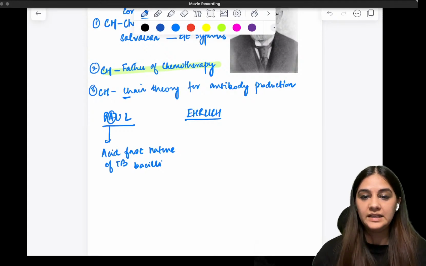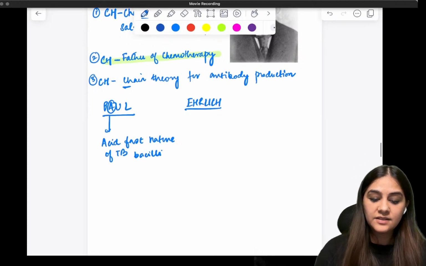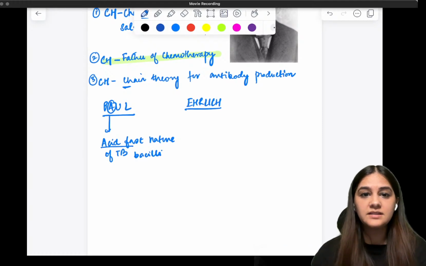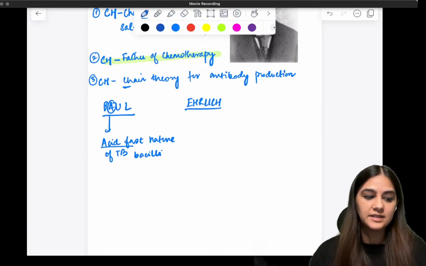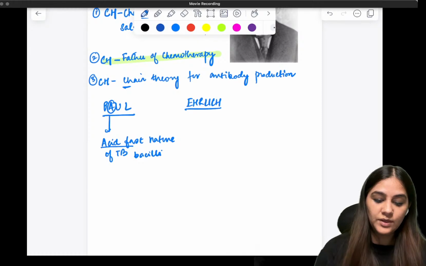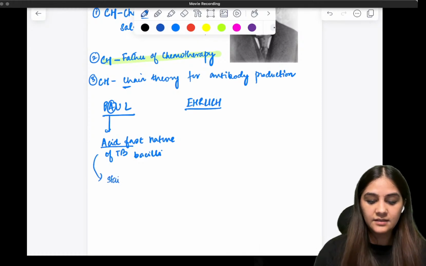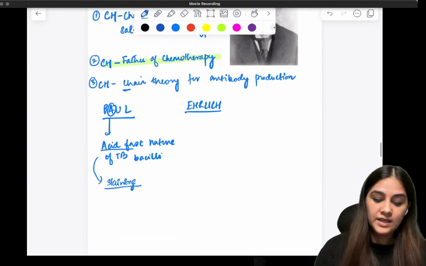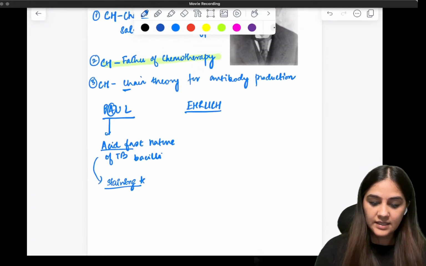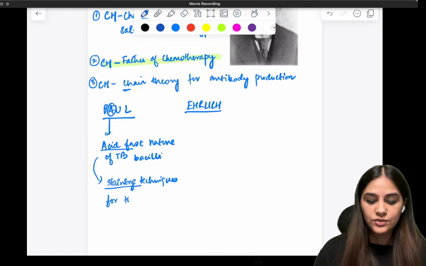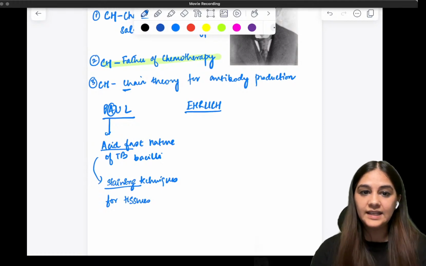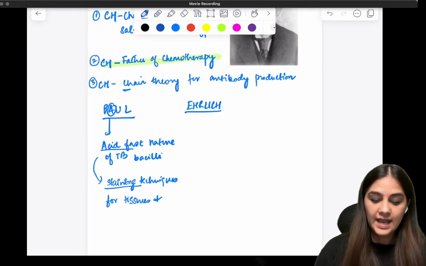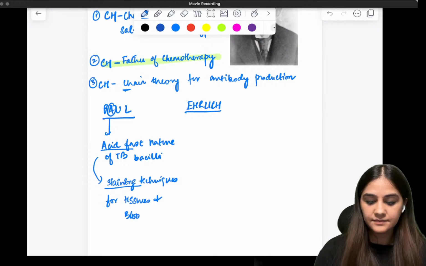And what is acid fast? How do we check the acid fastness of TB? We do it by some staining, right? So he gave us another concept of staining techniques for tissues, right? He gave us the staining techniques for tissues and blood cells.